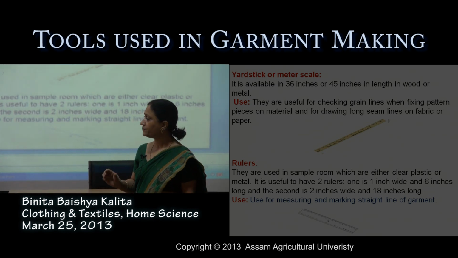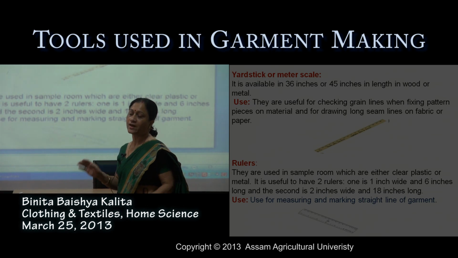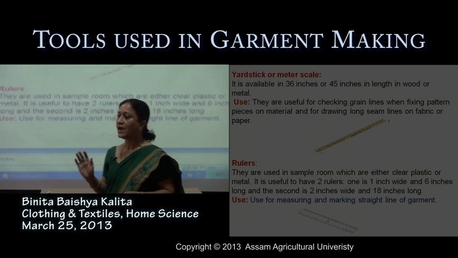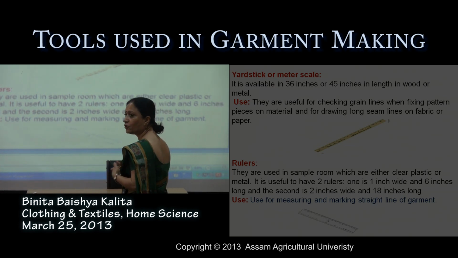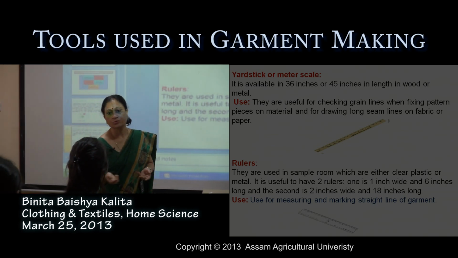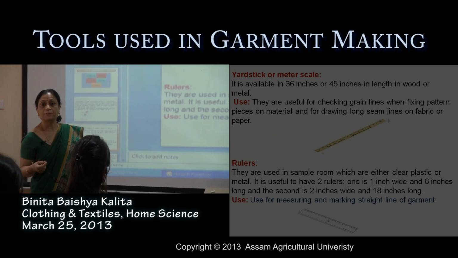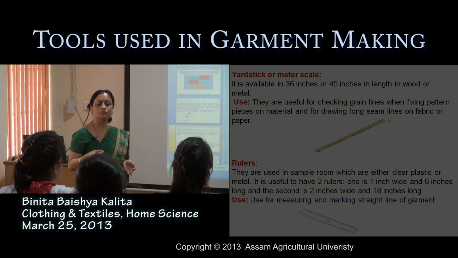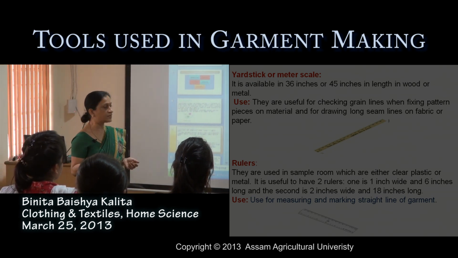It also has markings of inches and centimeters, and it is used for taking the length of long seams as well as for preparing the paper pattern of the garment.